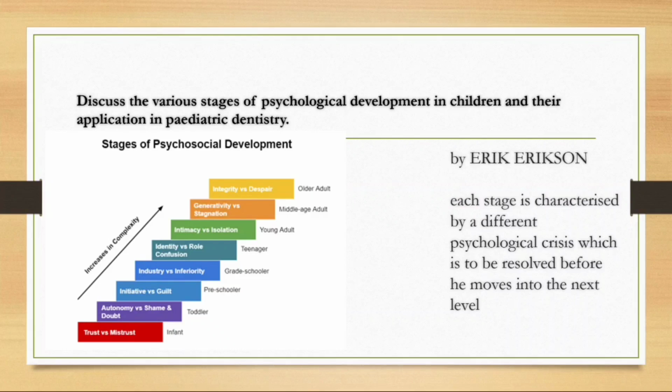In infants it is trust versus mistrust, and in older adults it is integrity versus despair. Each stage is characterized by a different psychological crisis the person of that age group is undergoing, which is to be resolved before he moves into the next level. That is what this theory is all about, the stages of psychosocial development.